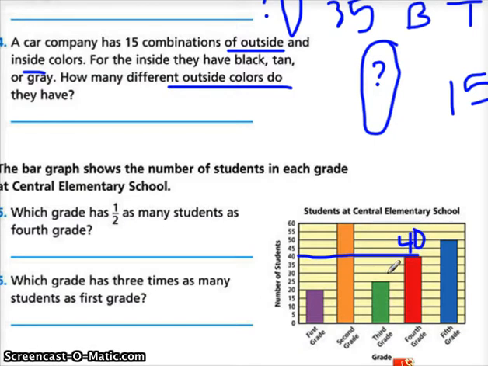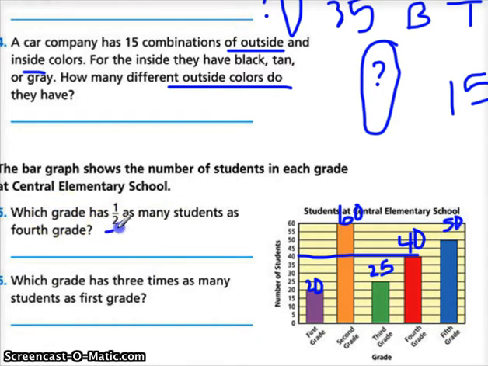To make this easier on myself, I'm going to see how many each grade has. So 1st grade has 20, 2nd grade has 60, 3rd grade has 25, and 5th grade has 50.